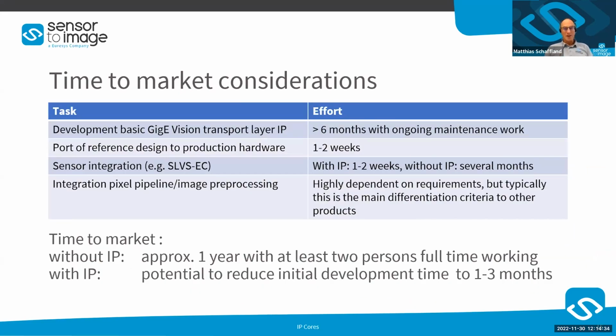To give you some arguments why to use IP cores, here are some typical tasks you have to do when doing everything from scratch. Development of a basic vision transport layer IP core: if you really know what to do and have a clear picture of what your IP should do at the end, this is at least 6 months of initial work, with ongoing maintenance work as the standard evolves.